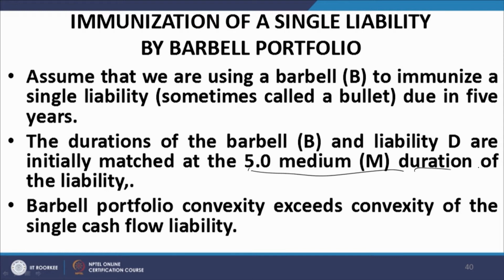As you saw, the duration of the barbell was 5 years, and that is also the duration of the liability. Barbell portfolio convexity exceeds convexity of the single cash flow liability. In our example, at a YTM of 15% for all the bonds, convexity was 23 for the barbell portfolio and 15 for the bullet liability.